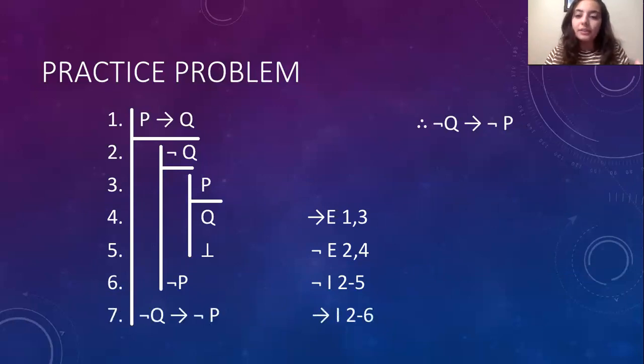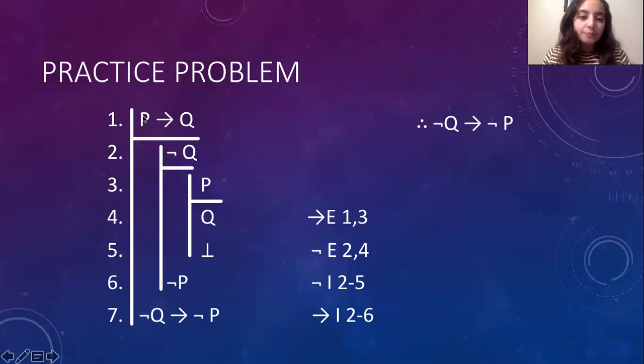Pretty much can come out of that subproof. So if we assume not Q, which is the beginning of this subproof, and then we ended with not P, and that's how I'm able to get that from lines 2 through 6.